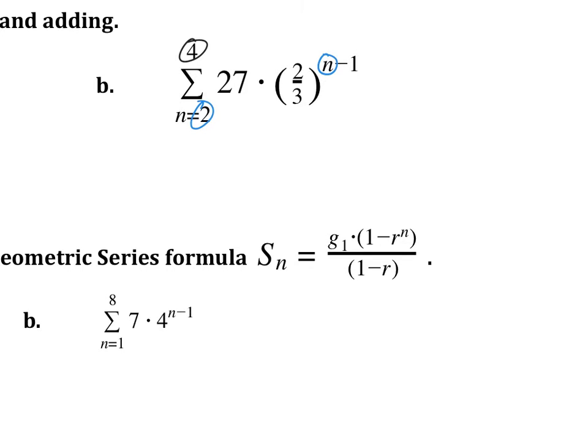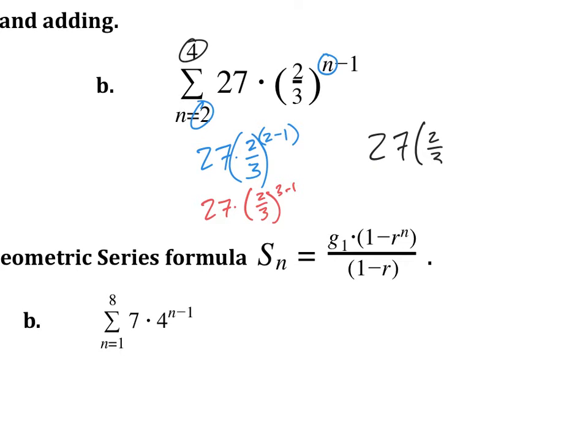So let's start with 2, 27 times 2/3 to the 2 minus 1. Remember that the exponent is on the fraction, so the whole thing. Then I have to do 27 times 2/3 to the 3 minus 1, and then I have to do 27 times 2/3 to the 4 minus 1.